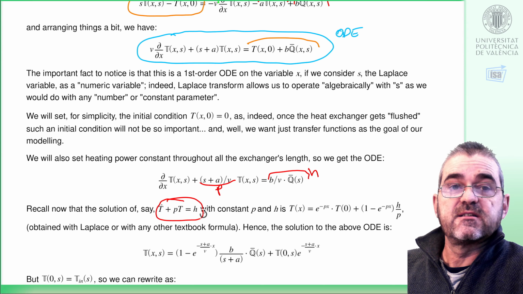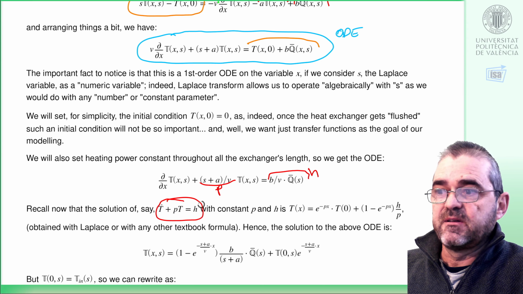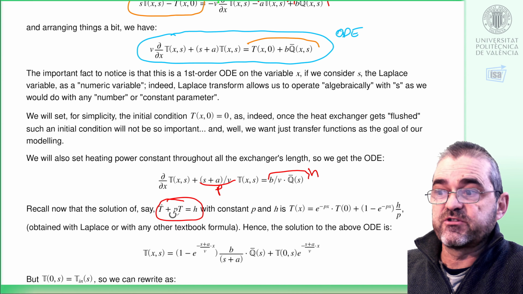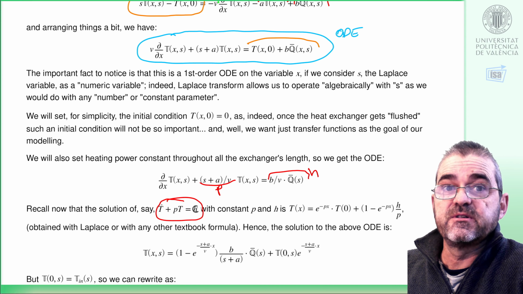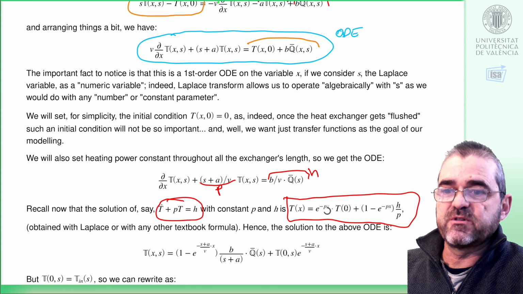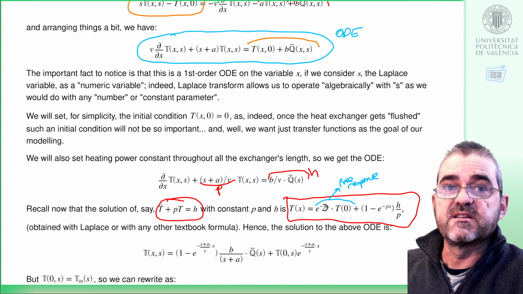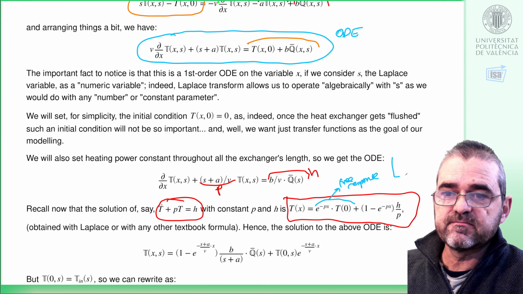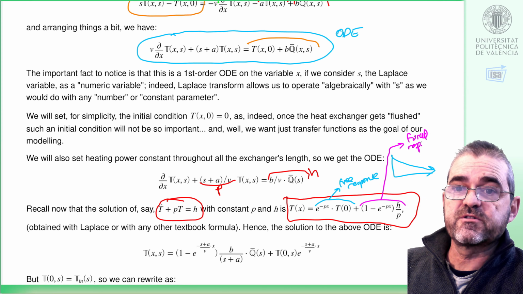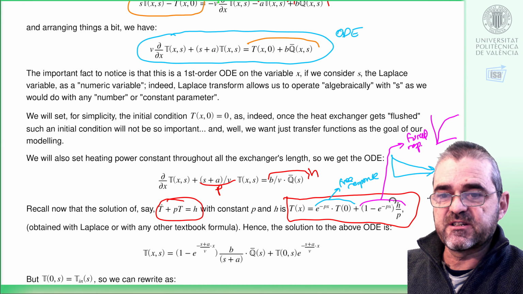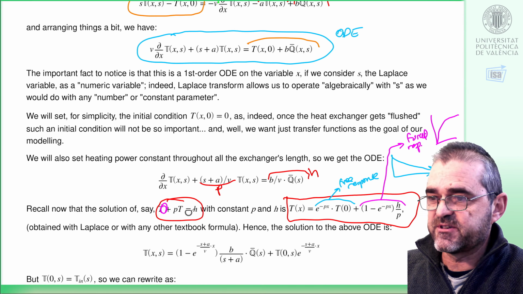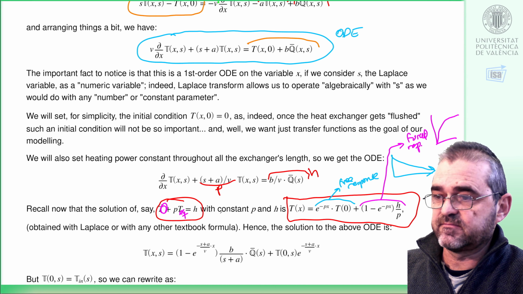So if we know the solution to this, we just can replace p and h and solve it. And okay, this is the first order differential equation that you see in every introductory course on differential equations or every introductory course in control. And we know this exponential formula. This is the well-known free response, exponential decay, and this is the forced response, the 1 minus exponential times the final value, which is setting these derivatives to 0, h over p.